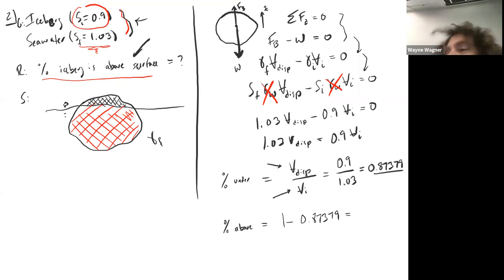And if we want it as a percent, we need to multiply by 100, right? So this will be 100%, minus 87.379%, which is 12.621 percent. So 12.6% would be our answer here. That's the percent above.